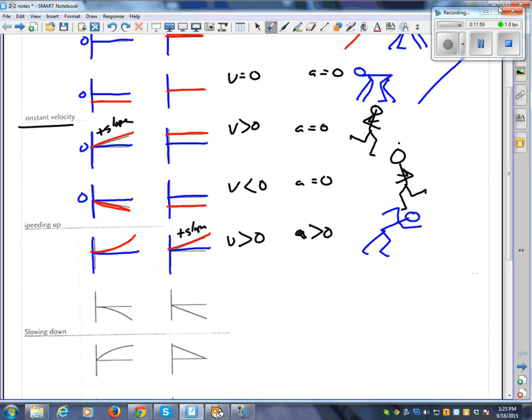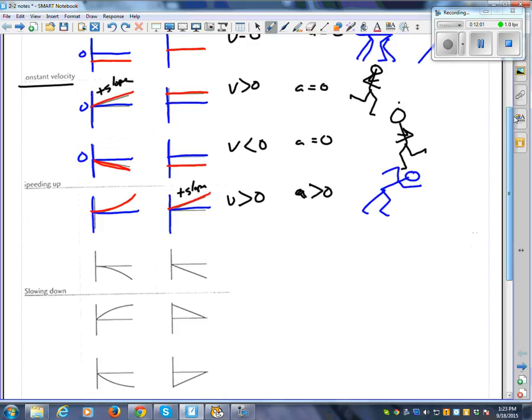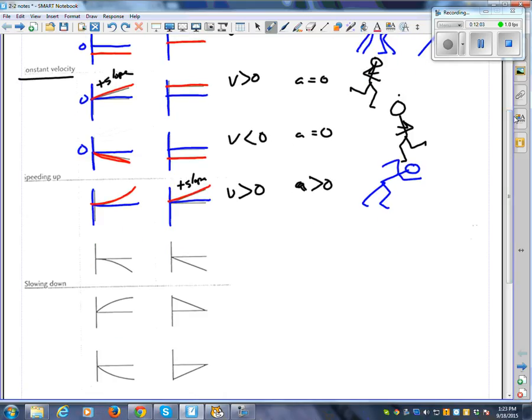And if the graph is curved the other way, you'll notice that the slope is still increasing. It's still getting steeper, which just means that the value of the slope is getting larger but more negative, right? So it's moving away, becoming more and more negative.